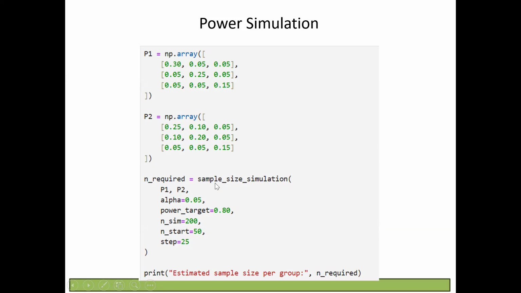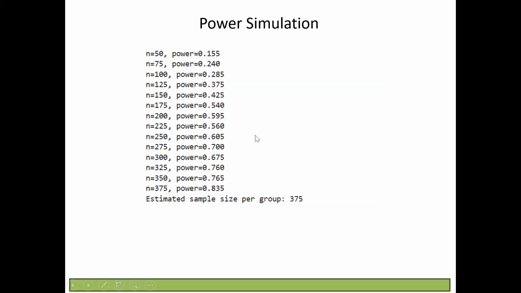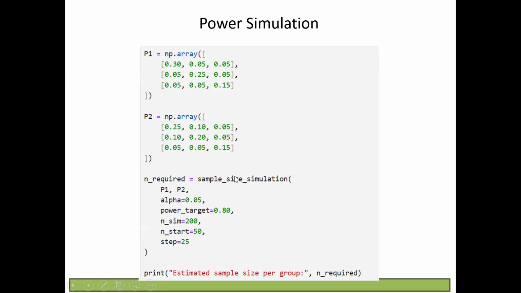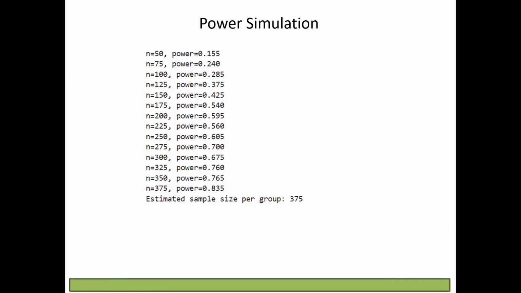And this is how we simulate. We will simulate 200 times, and we start at n equal to 50 and increment by 25. When we run this, we get the following output. And for the present data, which is these two matrices, we get a sample size of 375.